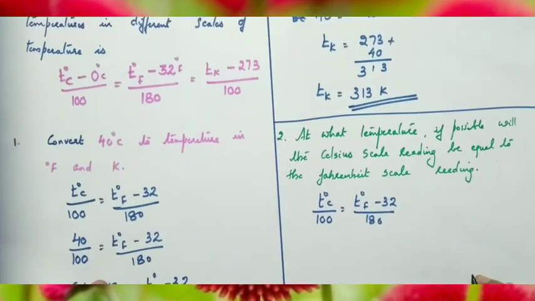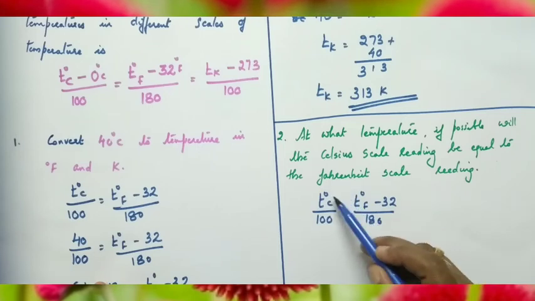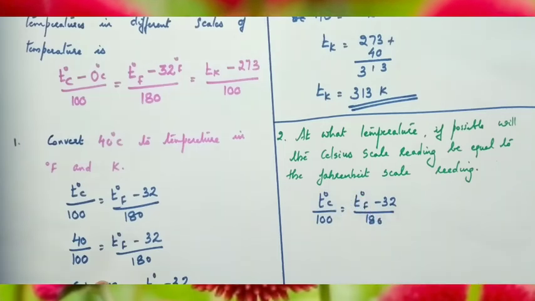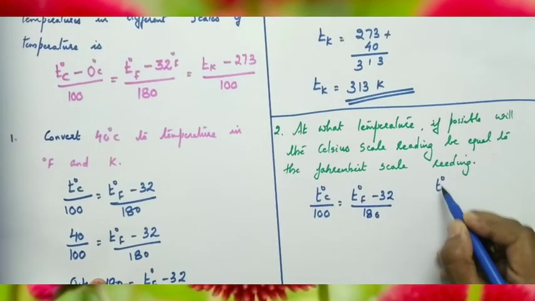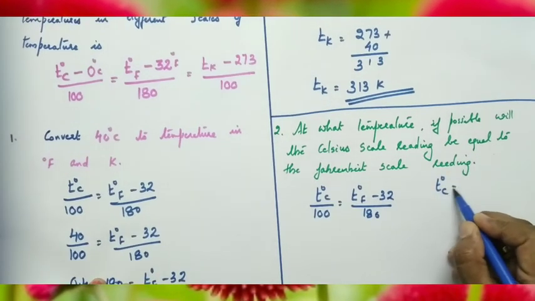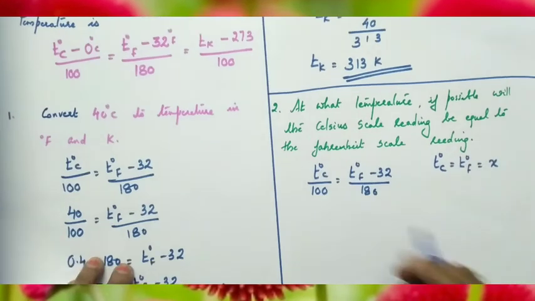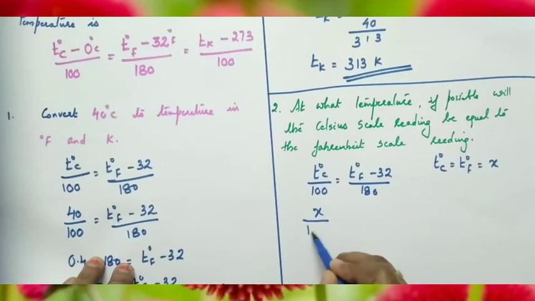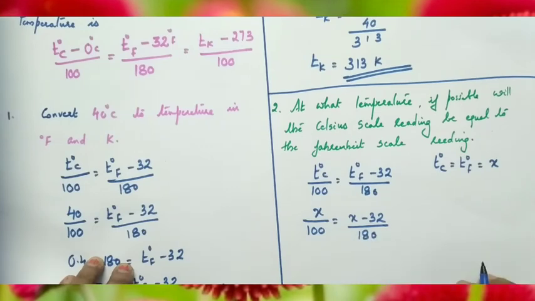In the question itself it is given that at a particular temperature, degree Celsius and Fahrenheit are equal. So let it be X. We can write temperature in degree Celsius equal to temperature in Fahrenheit equal to X. So here we can write X by 100 is equal to X minus 32 divided by 180.